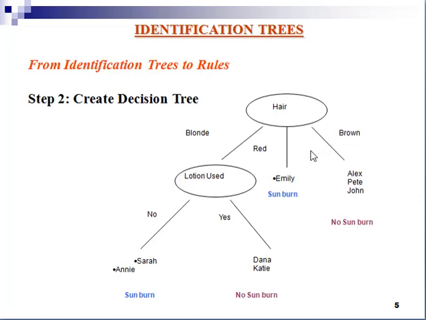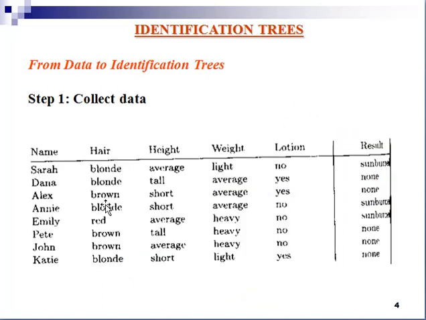Right? So this is very important to understand. We have directly assigned these three individuals with brown hair color to the category of no sunburn. Why? Because these three individuals with the brown hair can have no other associated category with them, right?